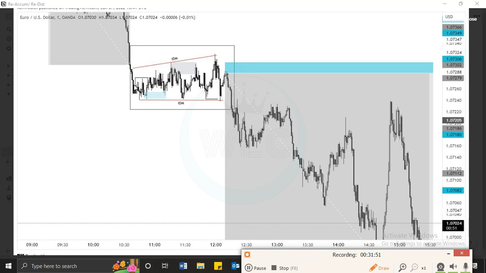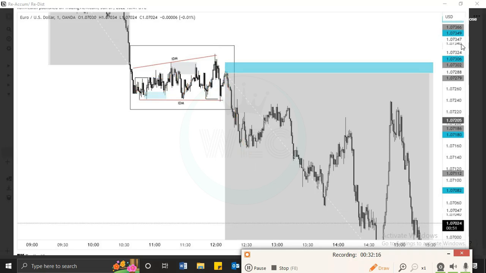I'll call it a redistribution, because it first accumulated right here, giving you the intention to buy, and then after that it gave you those fake outs before distributing properly to sell to the downside. And believe me, I'm still in this trade. It's running around 1:20 something.